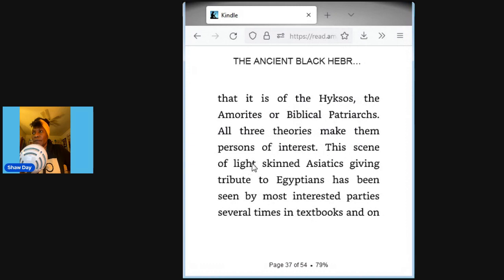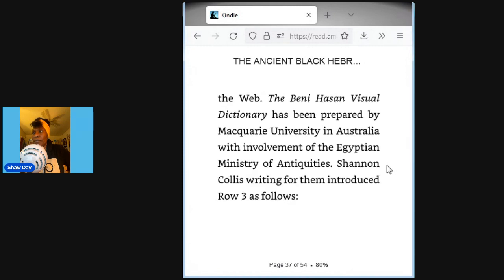This scene of light-skinned Asiatics giving tribute to Egyptians has been seen by most interested parties several times in textbooks and on the web. The Beni Hasan Visual Dictionary has been prepared by Macquarie University in Australia with involvement of the Egyptian Ministry of Antiquities. Shannon Ellis, writing for them, introduced row 3 as follows.